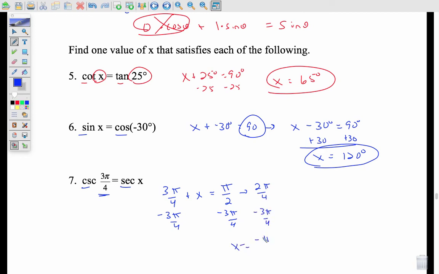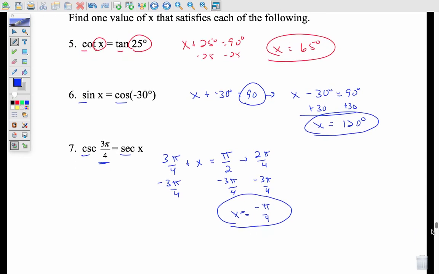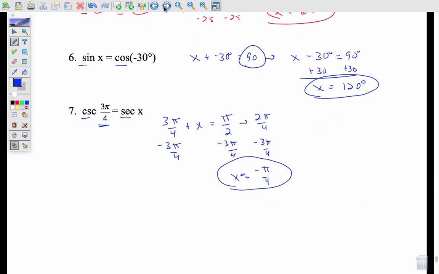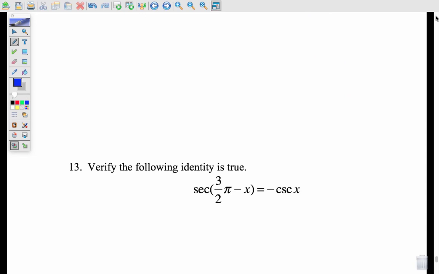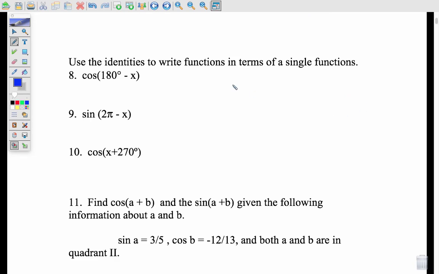And that means I need common denominators, so I have 2 pi over 4 minus 3 pi over 4, or x equals a negative pi over 4 for our x value. As a side note, if you did put this in degree measures, you would get a negative 45 degrees, which again is the same thing as negative pi over 4. So hopefully we're pretty well versed in working with fractions and radians by now that we don't have to make that switch.